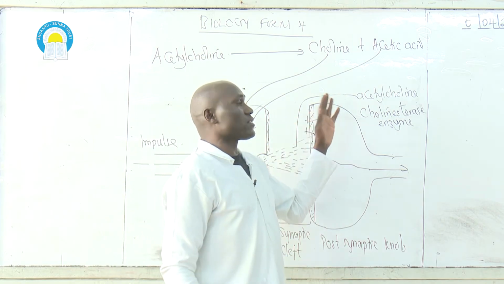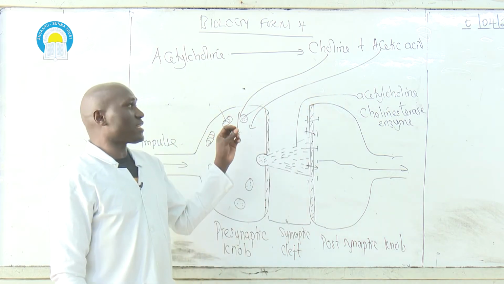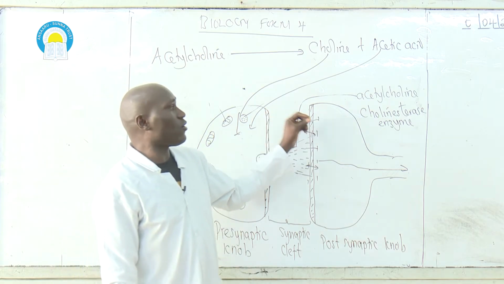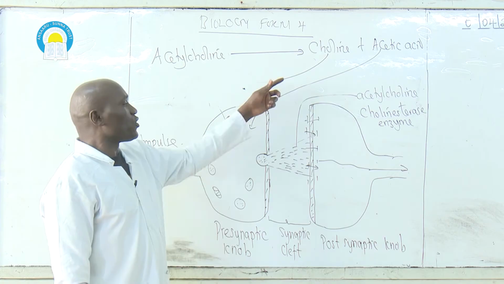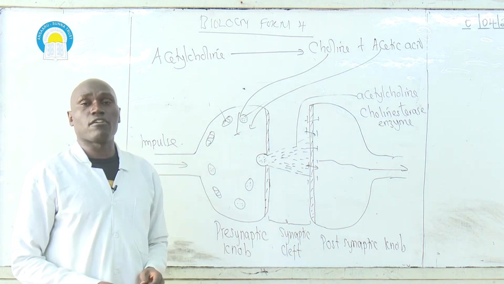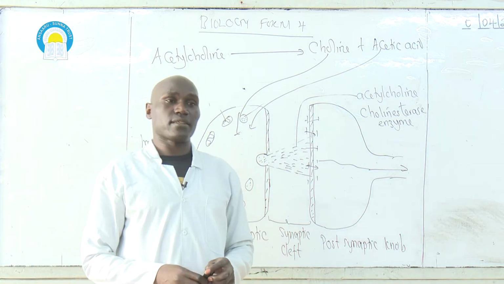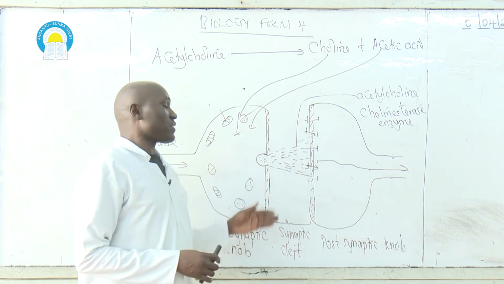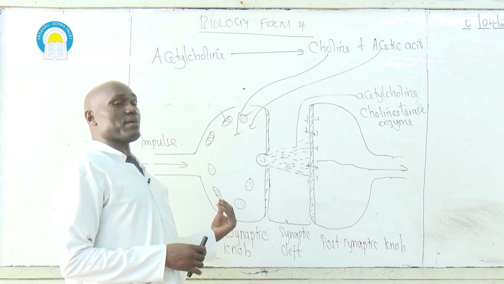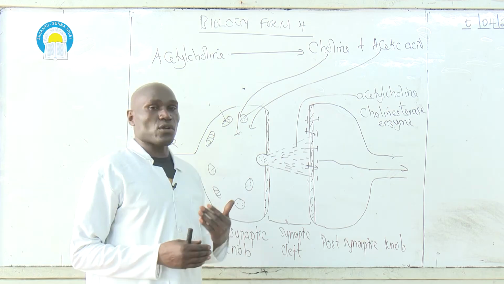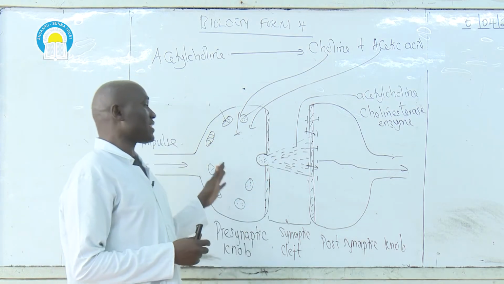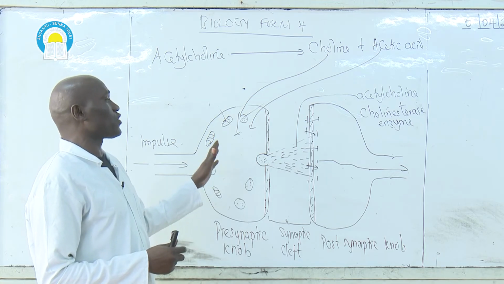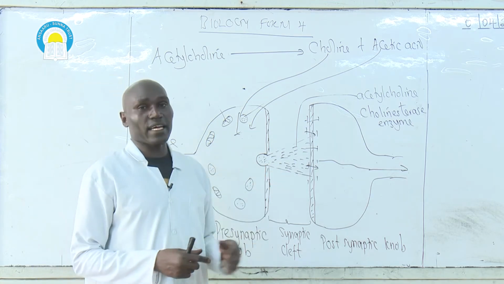Remember the significance of breaking down acetylcholine by choline esterase enzyme is to stop continuous activation of postsynaptic membrane. This prepares postsynaptic membrane and presynaptic membrane for transmission of the next nerve impulse. And that's how nerve impulse is usually transmitted across a synapse.